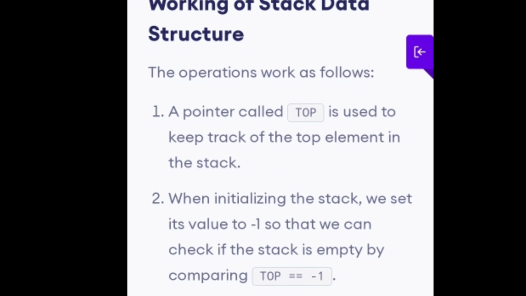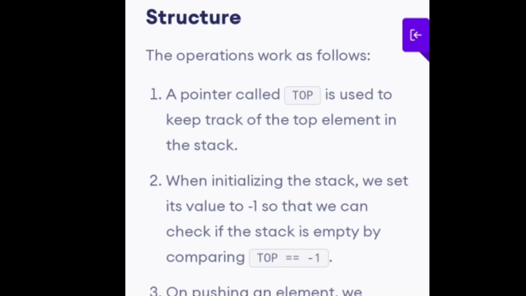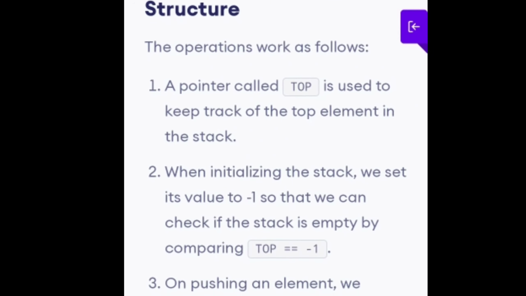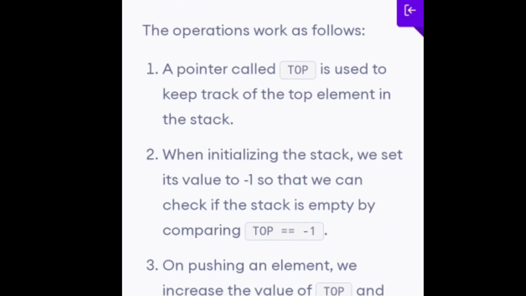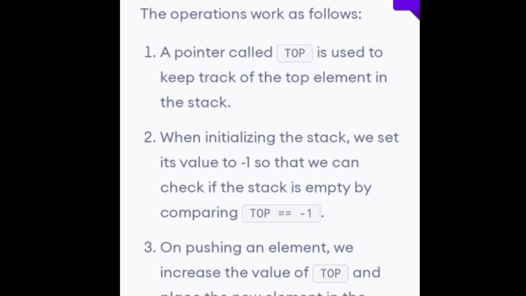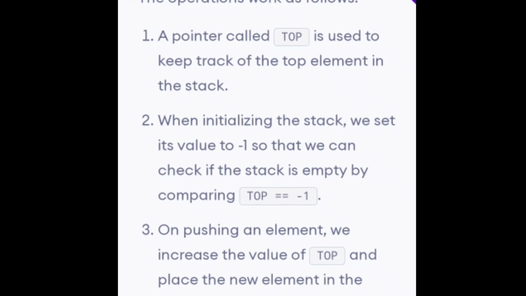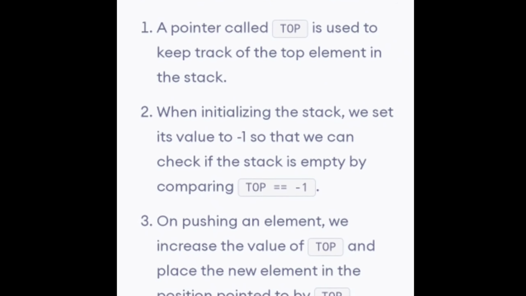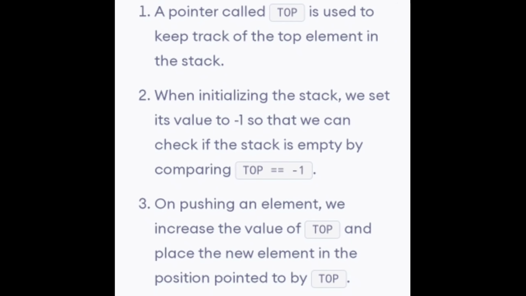Then let us see the working of the stack data structure. First, a pointer called top is used to keep track of the top element in the stack. When initializing the stack, we set its value to -1 so that we can check if the stack is empty by comparing top equal to -1. If the value of top is equal to -1, that means it is an empty stack.